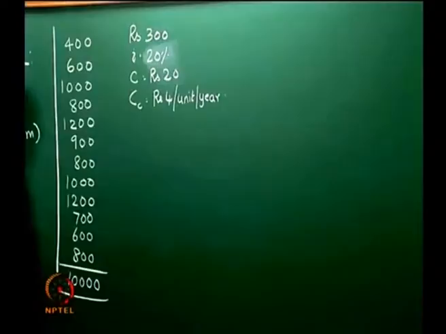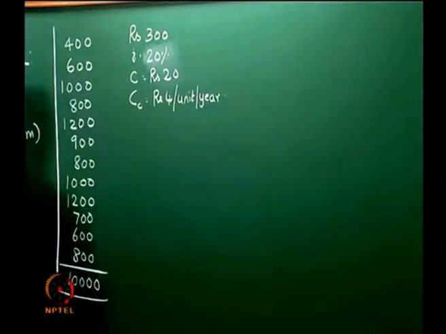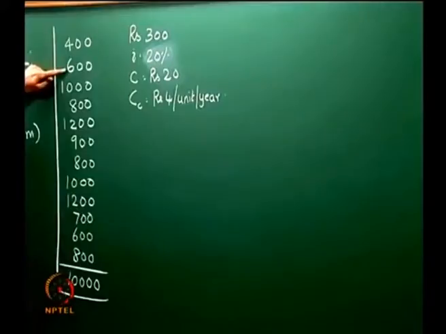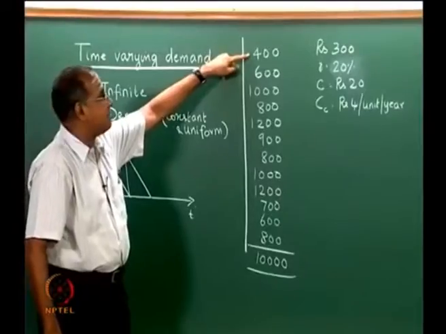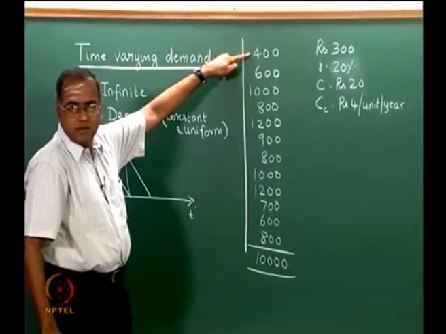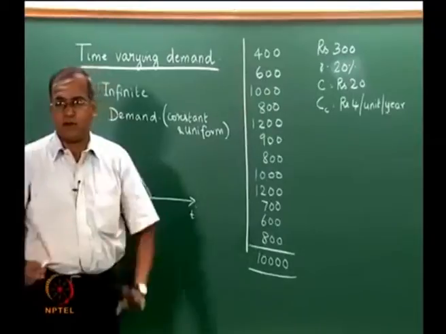One of the ways of solving this problem is by using integer programming, and the motivation for that comes as follows. If we take this month's period and this month's period, we could either order 400 which would meet the demand of this period. Let us say we order 500.